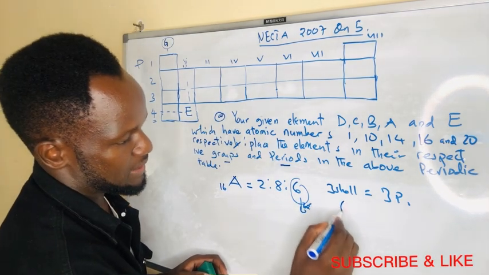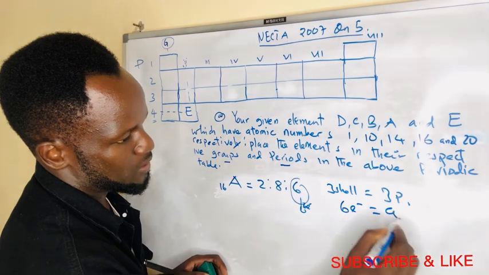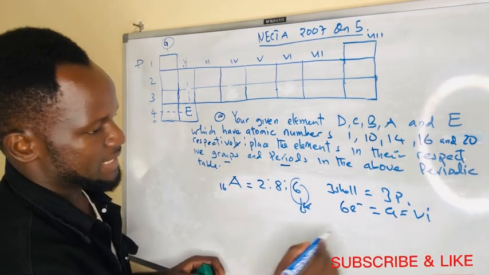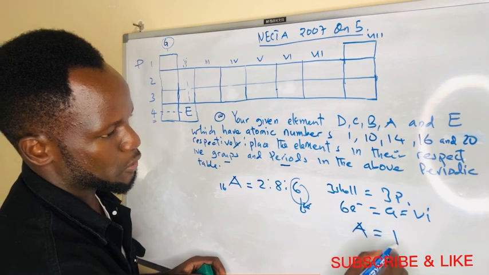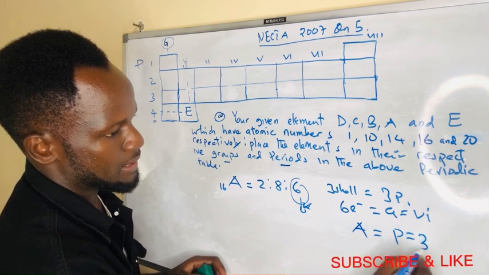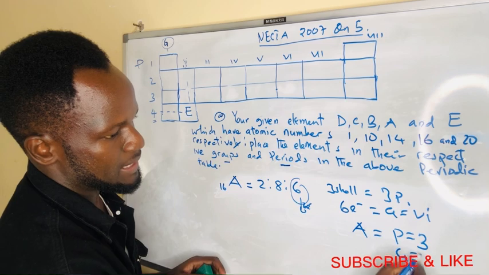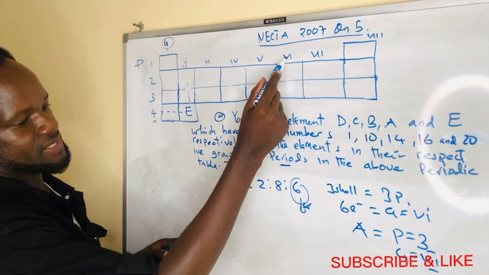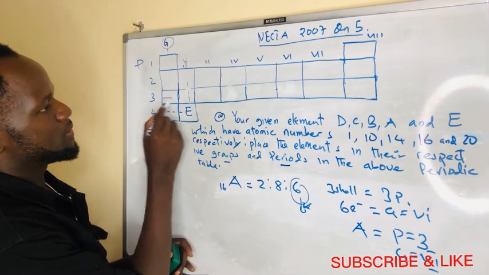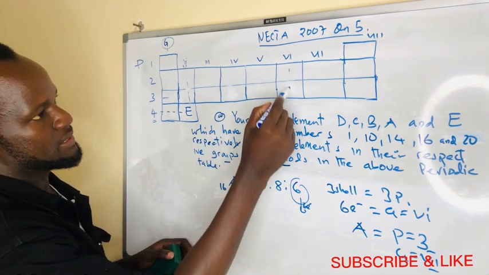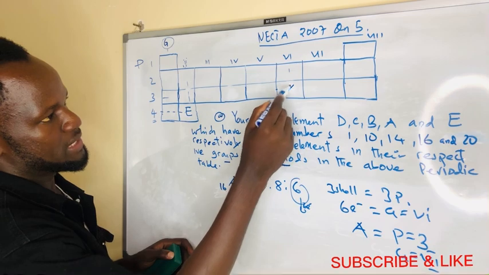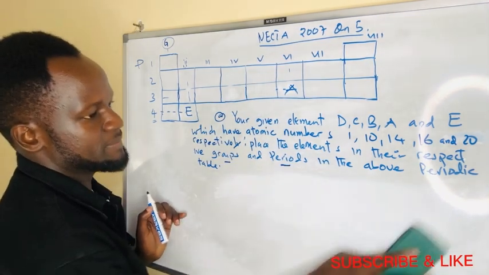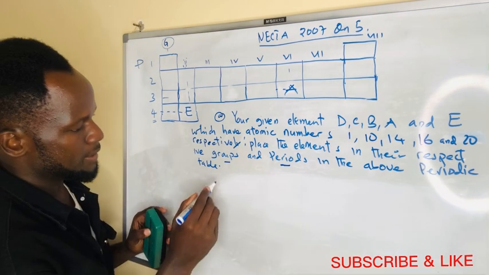Because we have 6 electrons, it will be group number 6. So letter A belongs to period number 3 and group number 6. Group 6 is here and period 3 is here, so we are supposed to put A there.